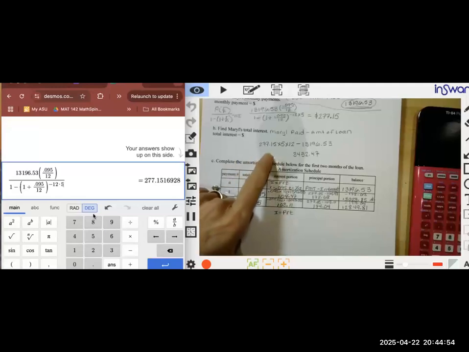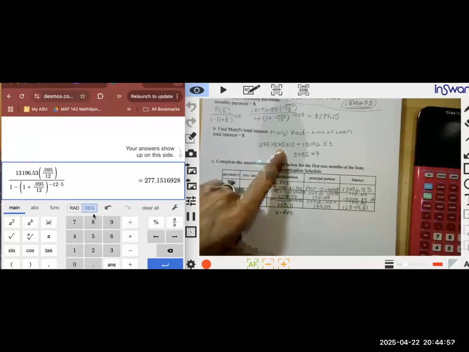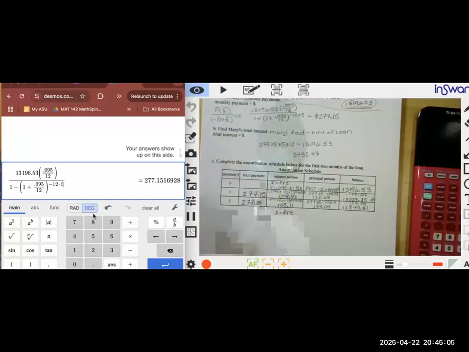Any questions on that one? So this is something we've had to do for a couple of problems, is we take the payment times the number of years times how many times per year to figure out how much the person paid.